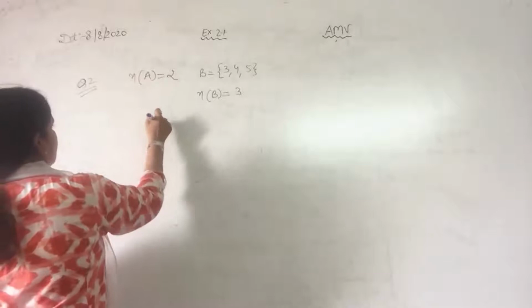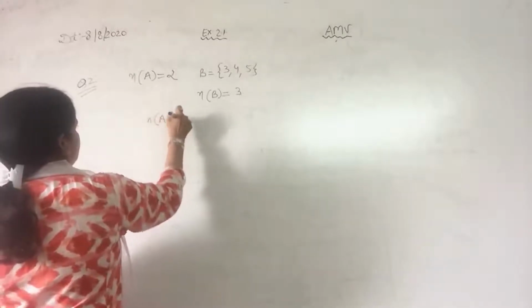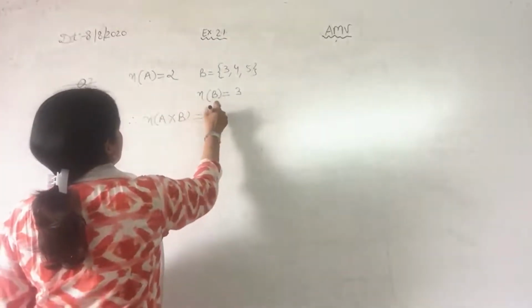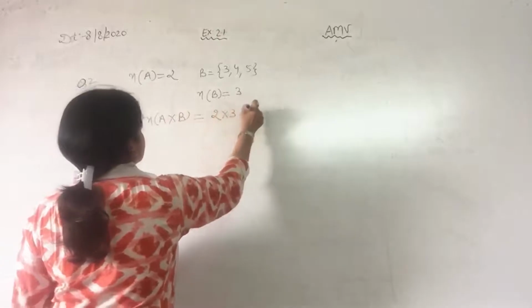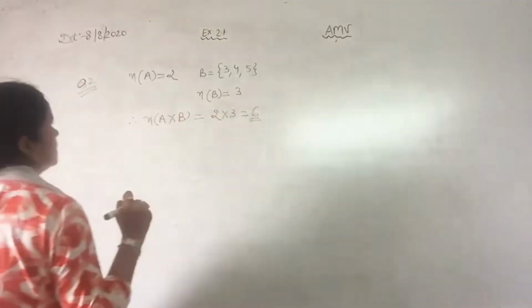So n(A×B) is equal to 1 times 3. The answer is 3 only.